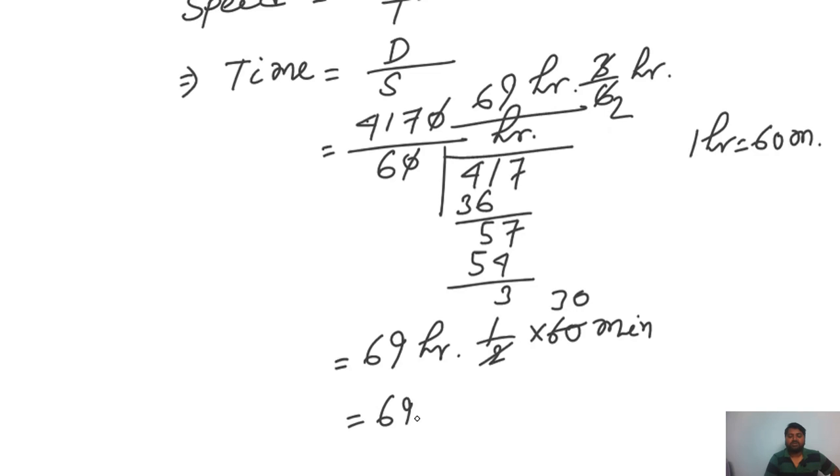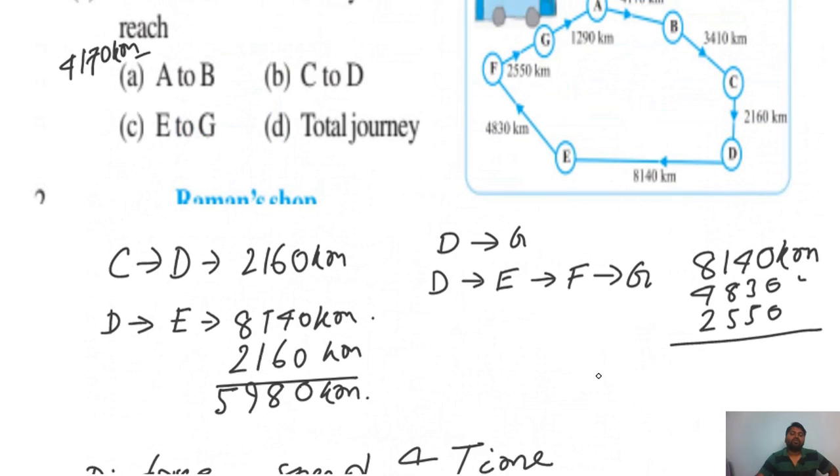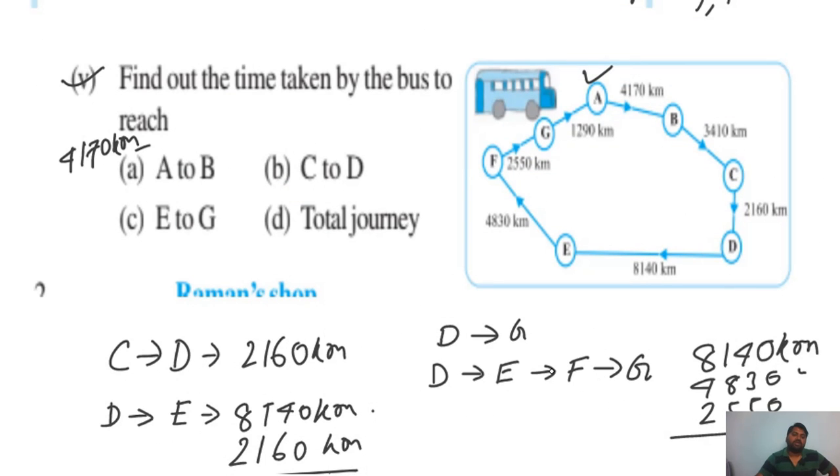Therefore, 69 hours 30 minutes is the time for the bus to travel the distance from A to B.